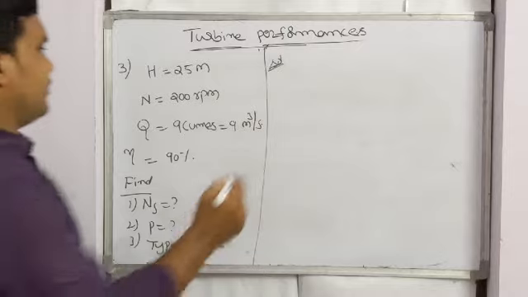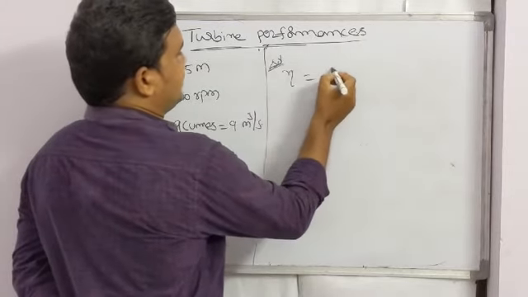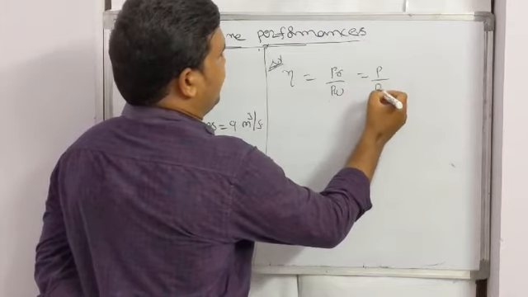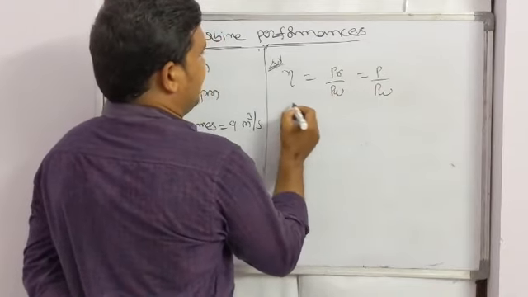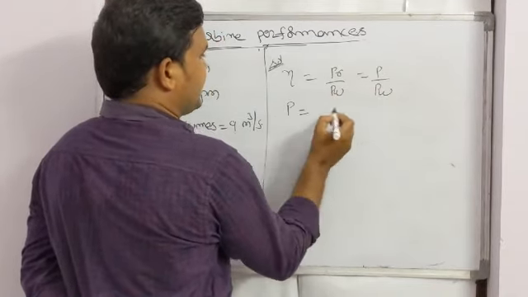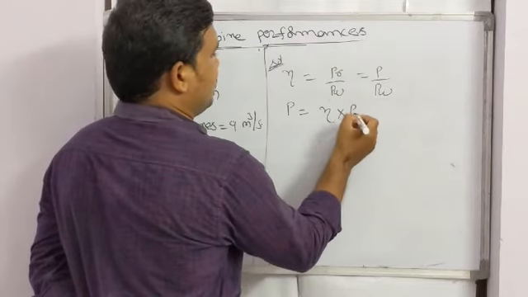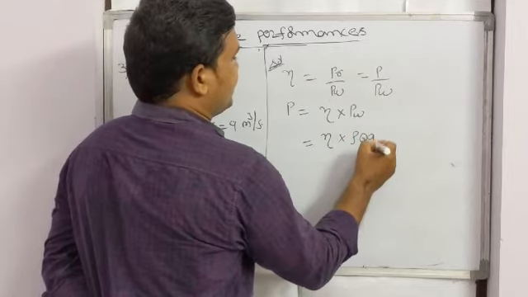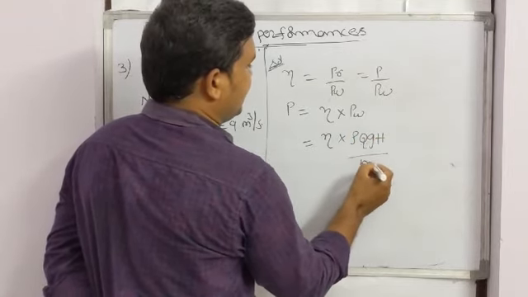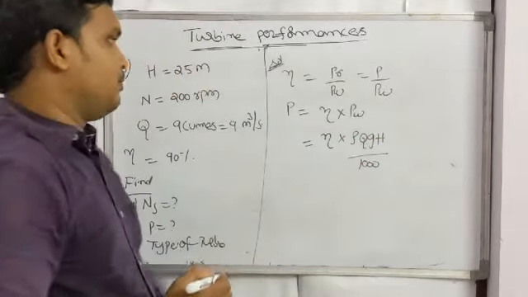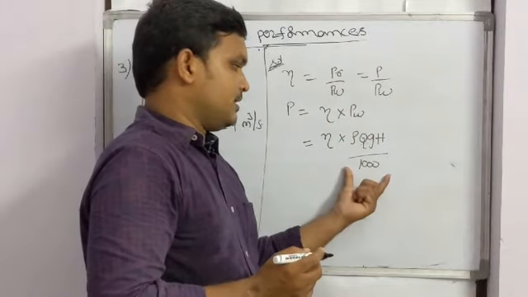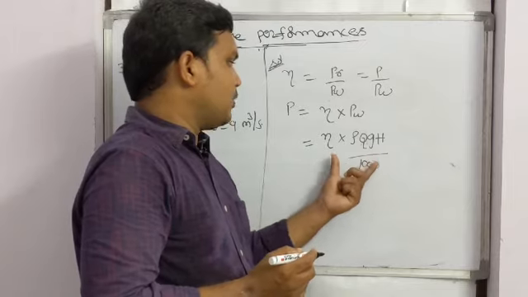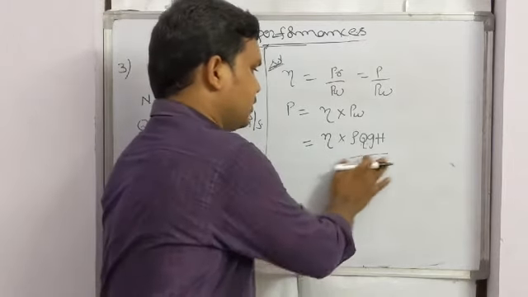We know that efficiency is runner power by water power. Then power is equal to efficiency into water power, which is rho Q G H by 1000. If you want power in kilowatts, just divide by 1000. If you want power in watts, there is no need to divide by 1000.